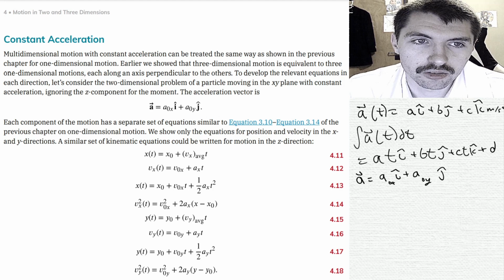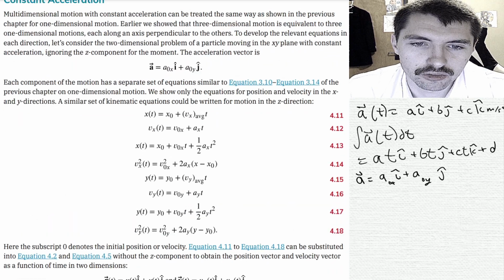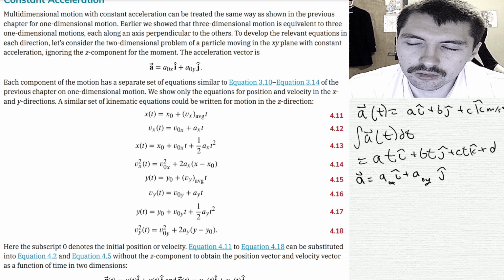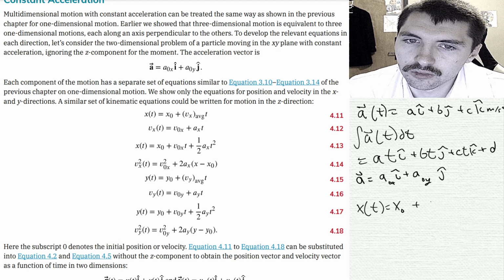Okay, so this is the set of equations. So x of t is the average velocity times t.